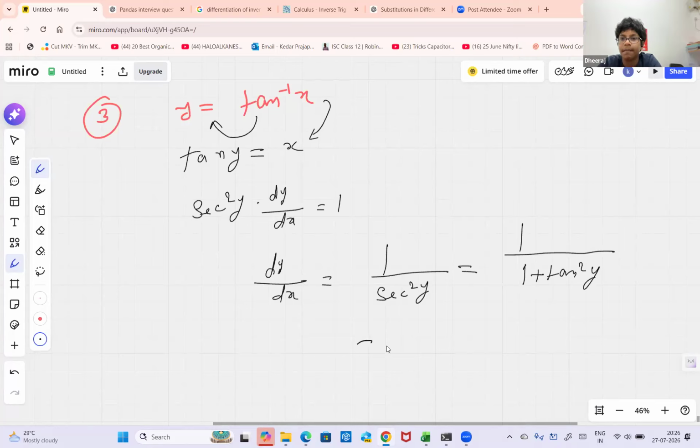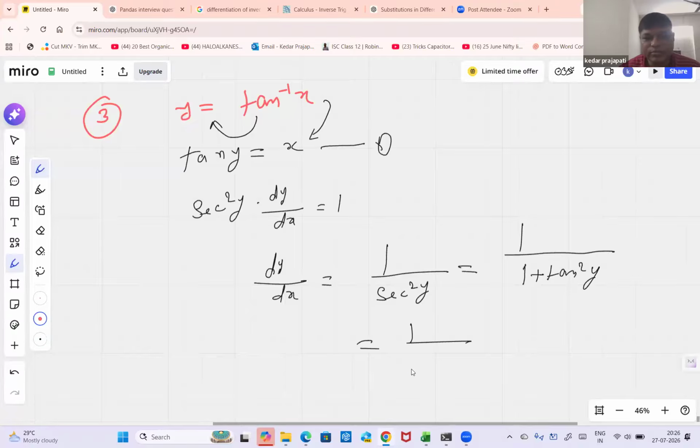Now tan y is x, right? So we'll be writing 1 by 1 plus tan square y, so this will become 1 by 1 plus x square. Clear?